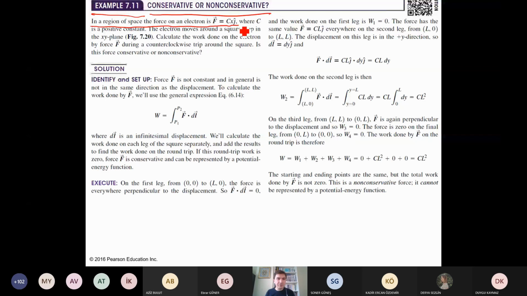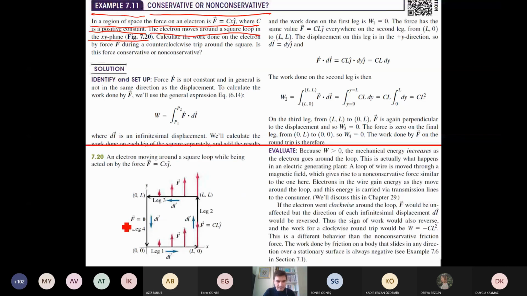The electron moves around the square loop in the xy plane. Look at this figure here. This is the x-axis, and this is the y-axis.